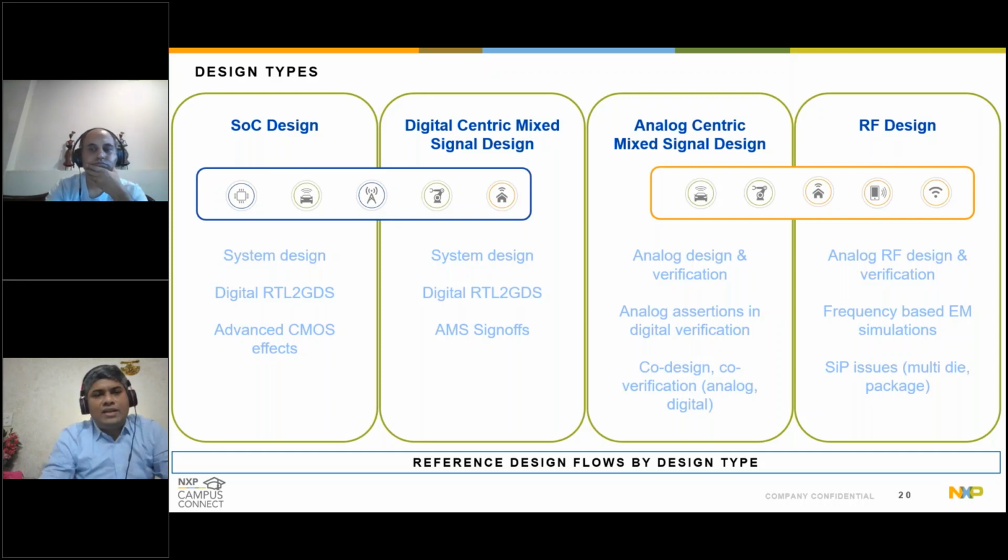So we should have the right design flows to support all that. So this is from the methodology angle. Again, why I'm saying this is because you may also choose careers where you focus on design methodology specialization, and you have to cater to the specificities of each of these design methodology domains that we have talked about. Next slide, please.